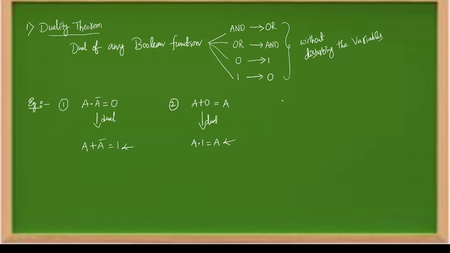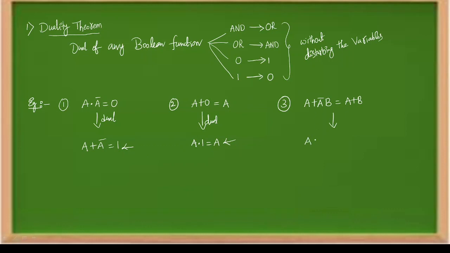We also have one more postulate, let me write it for your understanding. Let me write this as A plus A bar into B is equal to A plus B. Now, if you want to know the dual for this equation, how can I do it?